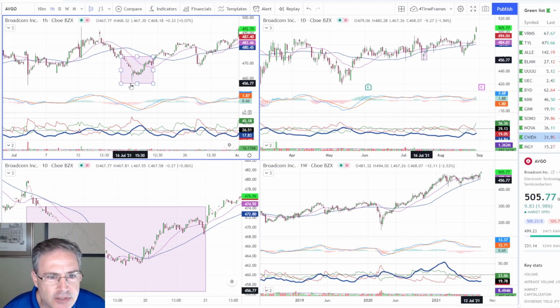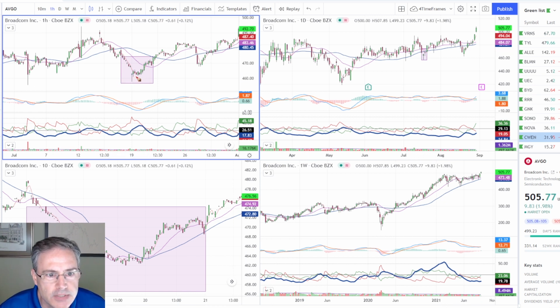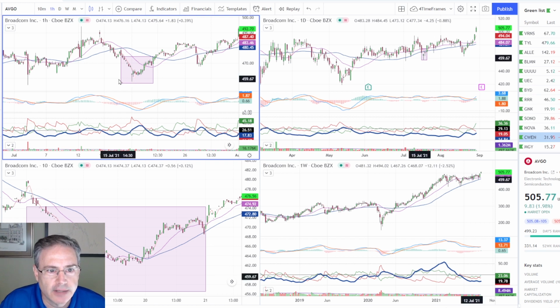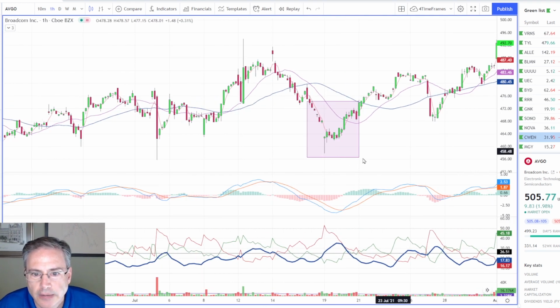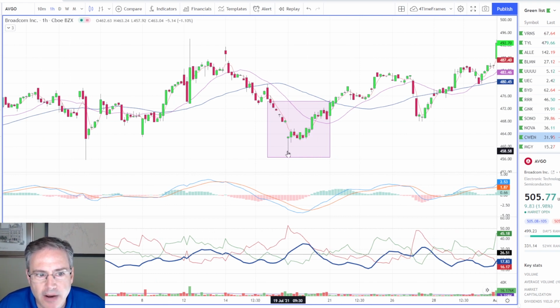So if I get that stretched away and then I see a reversal bar, you see this bar, this candlestick. In fact, what I want to do here is zoom in on this. So we come down and we're stretched away. We're testing this low. We know we've got a pop on the red DI on the daily chart, and then we get this reversal bar. Okay.